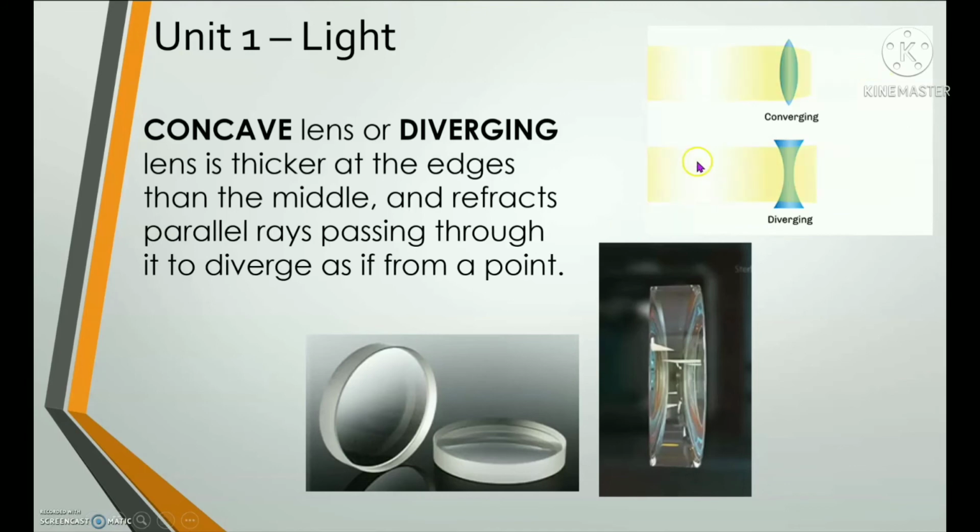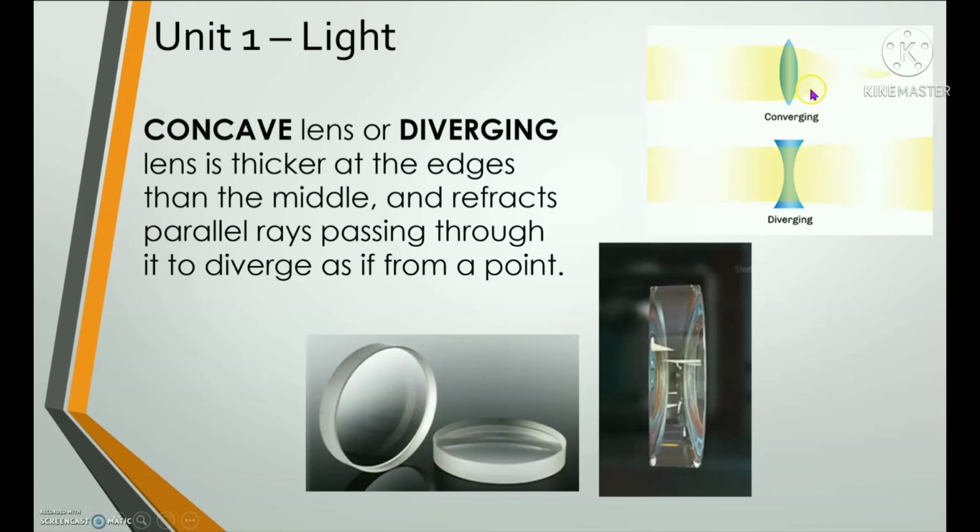So, we talked about it. This is the light rays. When it passes through a diverging lens, the light rays, after being refracted, will diverge from a point. Meaning, the point is here, they diverge away after refraction.